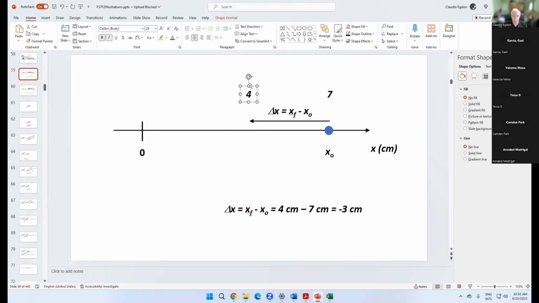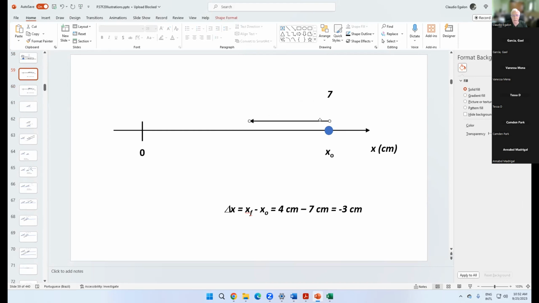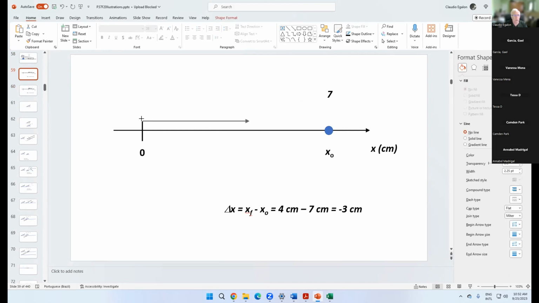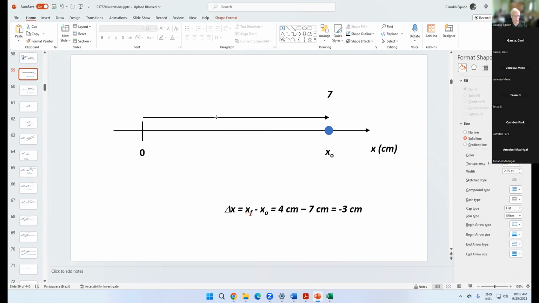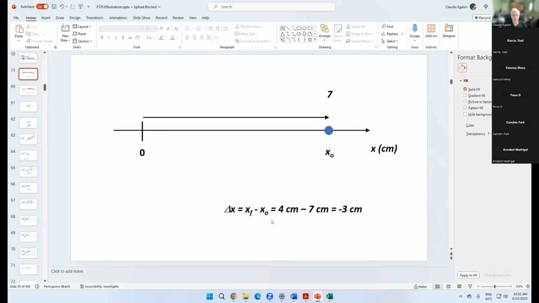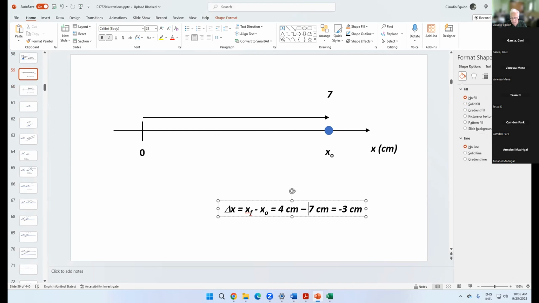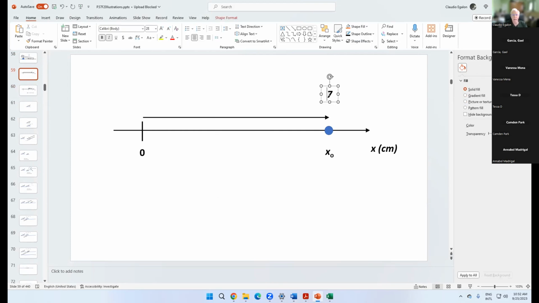X naught is the initial position of this particle, right? The initial position of this particle can be represented by this vector here, and the position vector goes from the origin of your coordinate system to the point where the particle is located. Okay? Vector position.